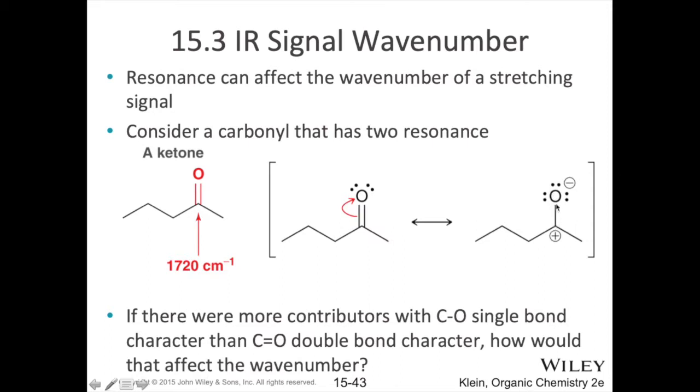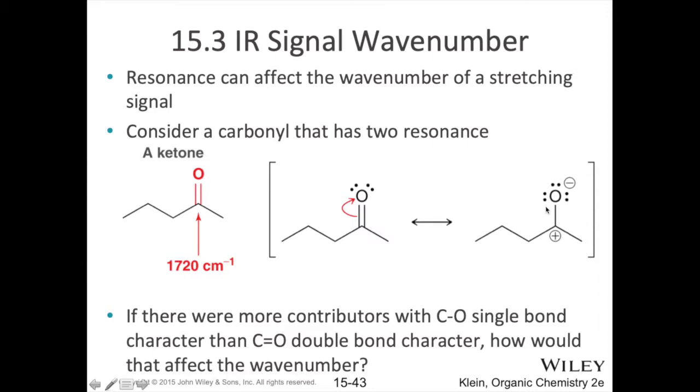Keep in mind that causes your bond to shift accordingly. Remember, your double bond is a stronger bond than a single bond, and therefore this would show up at a higher wave number, and this would be at a lower wave number.